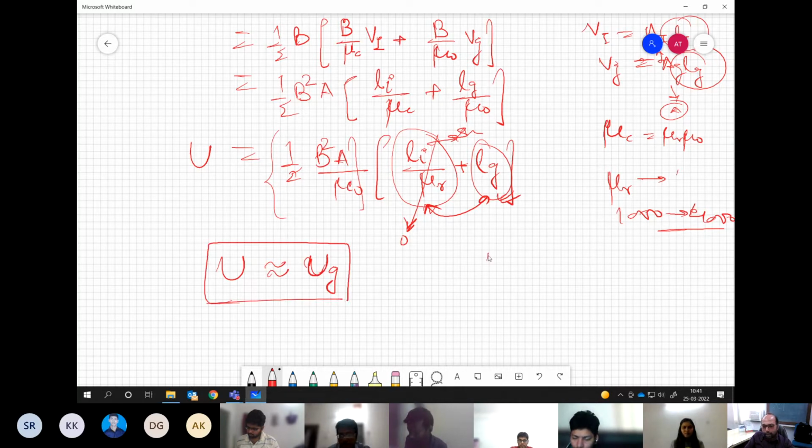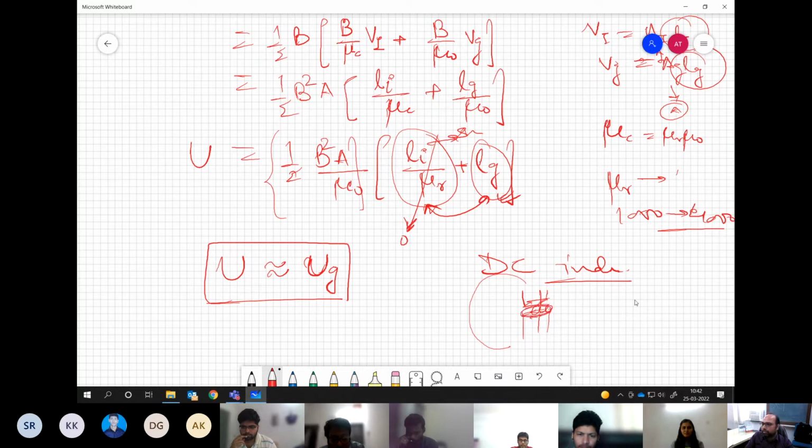So when we are making DC inductors, basically we provide a small air gap so that the number of turns required is not too high for achieving the same inductance. The reason is that a much bigger portion of the energy we are trying to store in the core can be stored in a small air gap.